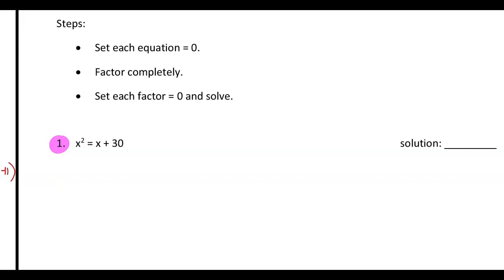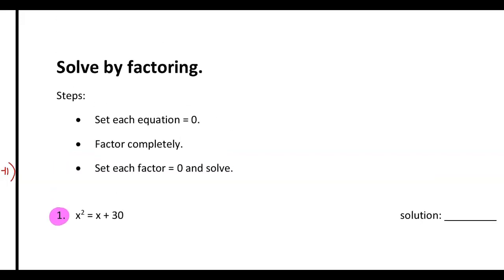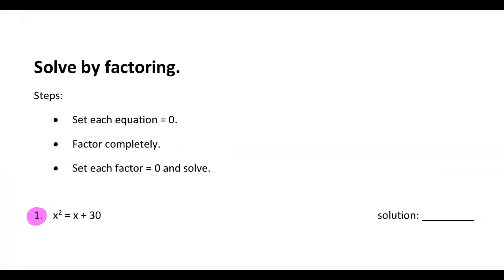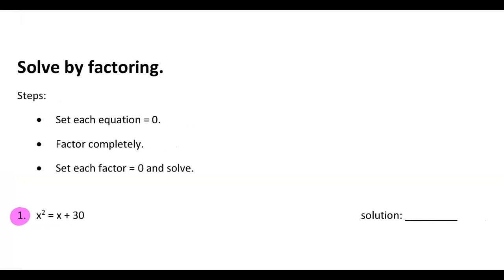All right, let's see what kind of questions we have. I like to give you guys some steps anytime you're solving anything or having a process that you need to remember. First thing I want you to do for all of the questions is set each equation equal to 0. Once you do that, factor completely. Factoring completely is a reminder to check for a GCF.